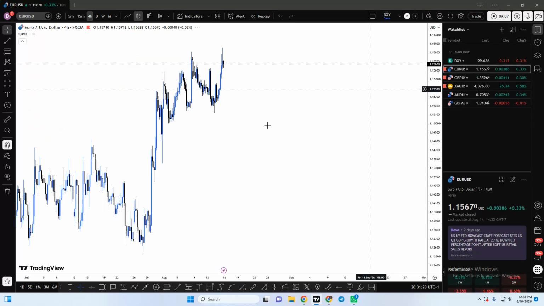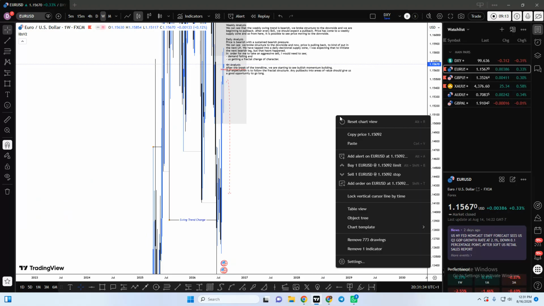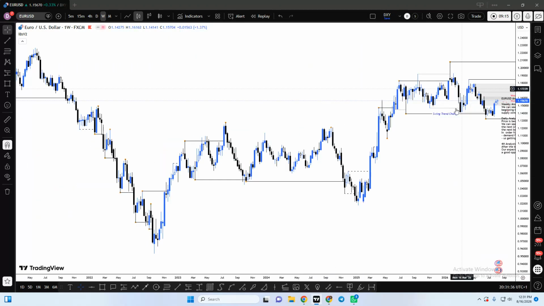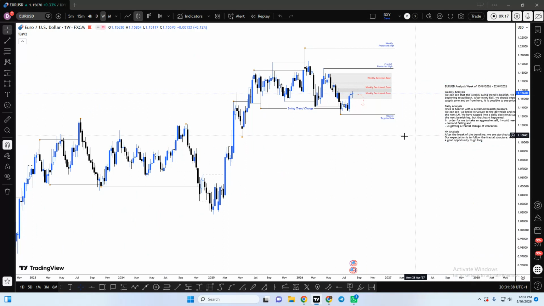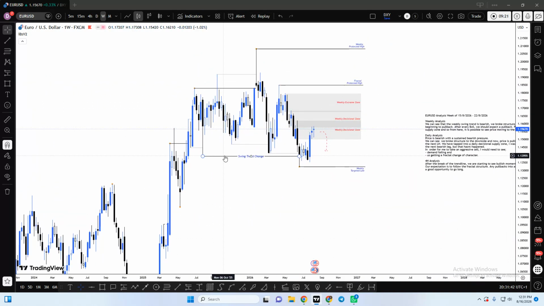Let's look at EURUSD, starting on the weekly. Let's see what we have. Again, just like the DXY, you can see this is where we broke structure to the downside. So EURUSD is bearish.